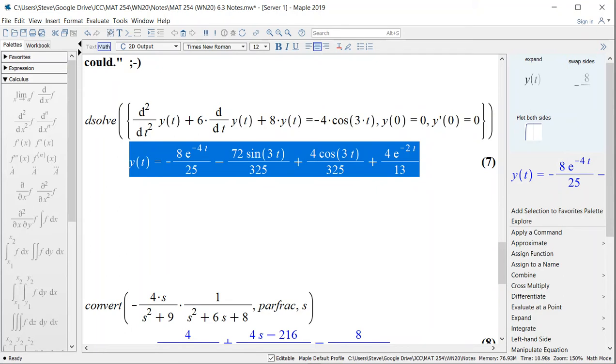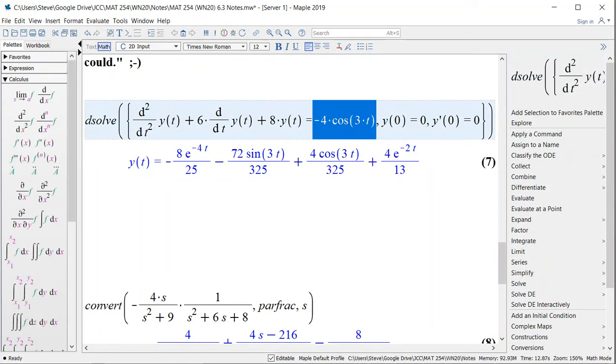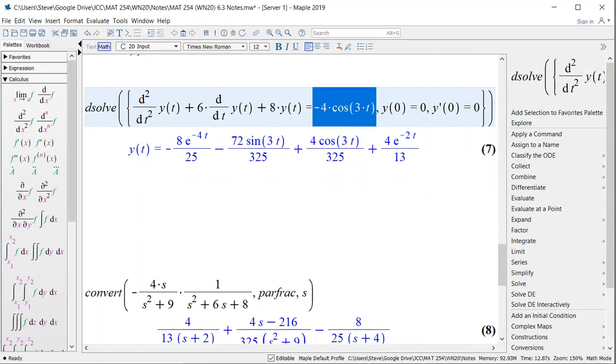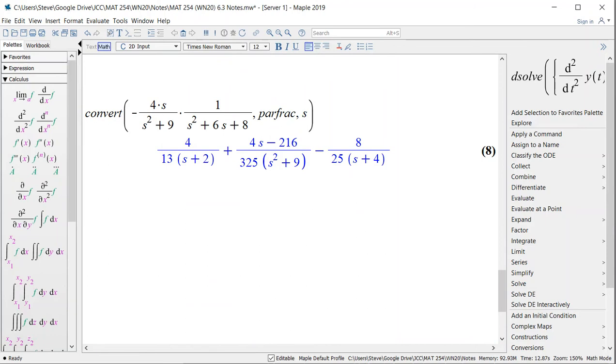And you can do that either with a complexified lucky guess, or you can just use a cosine plus a sine as a lucky guess. And last but not least, of course, we can do the Laplace transform method. So there's like 4, maybe even 5 different ways that we can solve these problems.